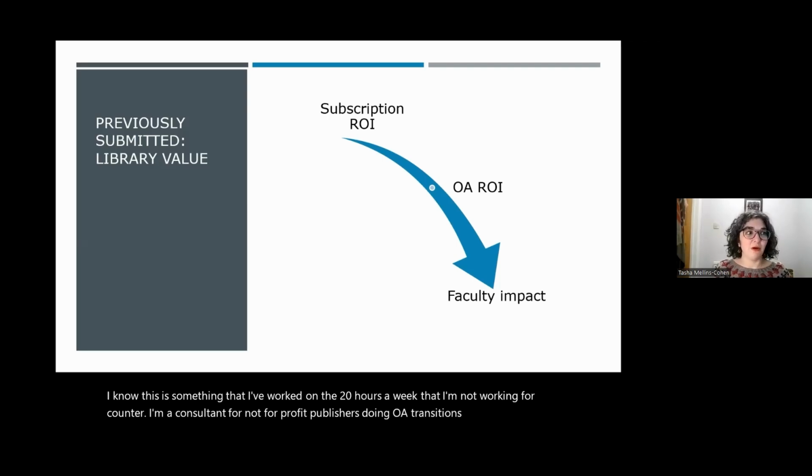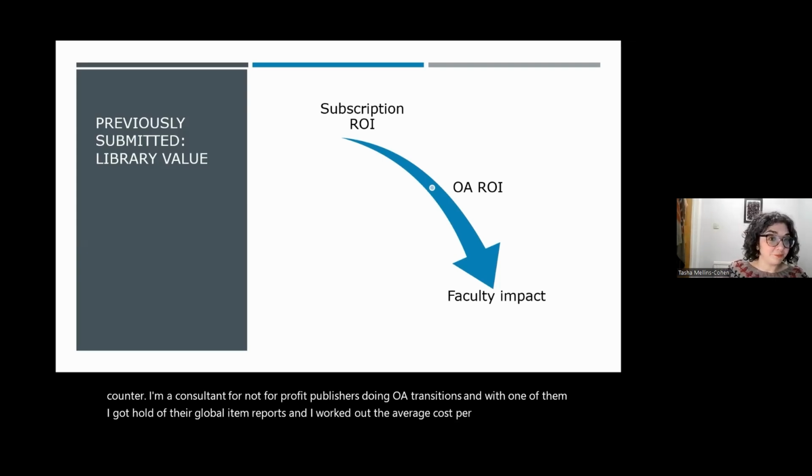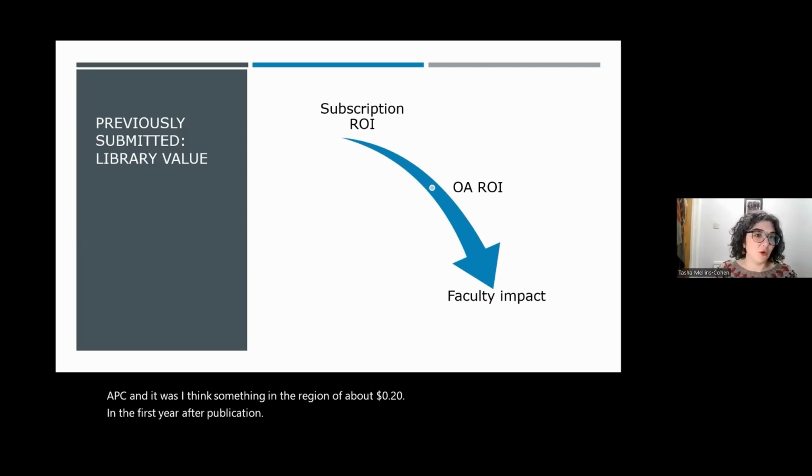And with one of them, I got hold of their global item reports and I worked out the average cost per download for an APC. And it was, I think, something in the region of about 20 cents in the first year after publication. Because this is open content, it can be used by anyone, anywhere.